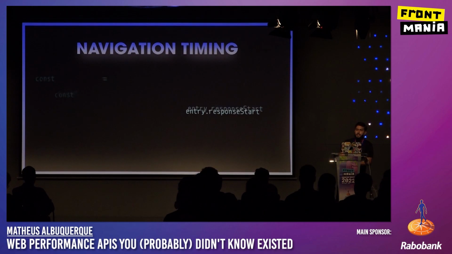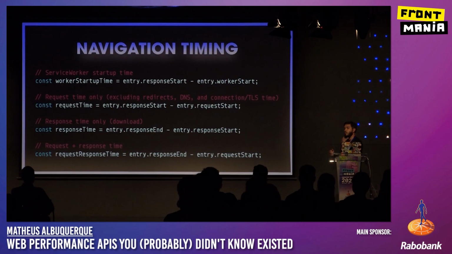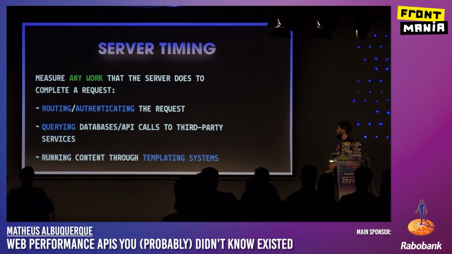And that's really useful for coming up with more meaningful metrics, like if we are using service workers, we can debug their startup times and the time it took for them to run, that kind of stuff, by also using the navigation API.